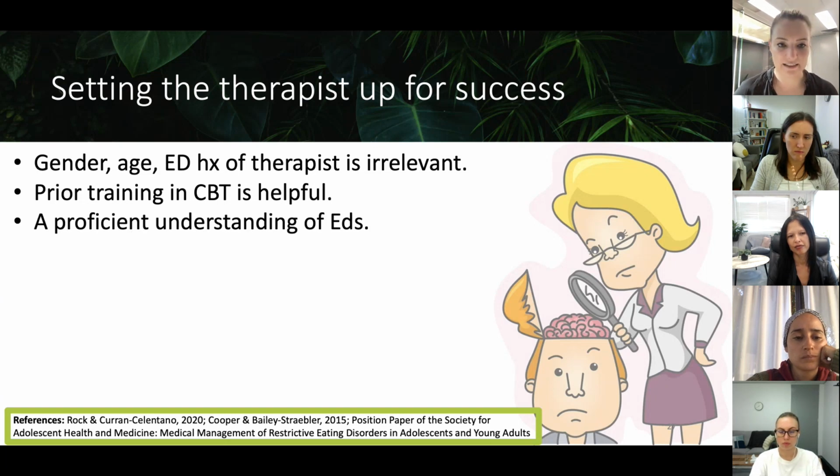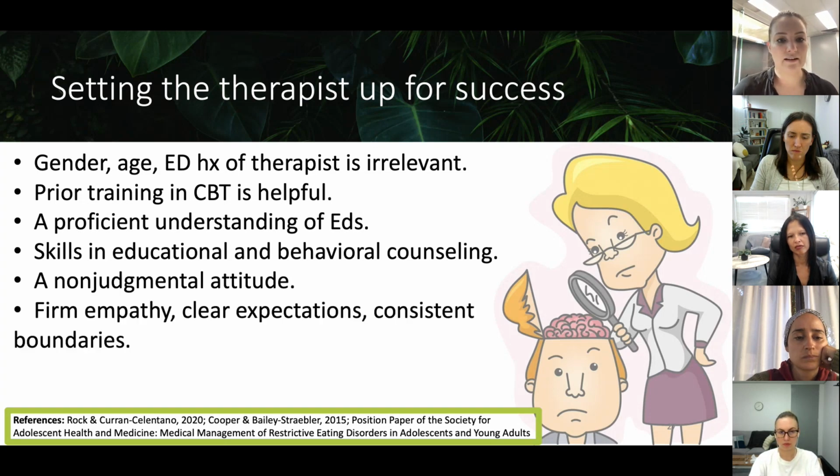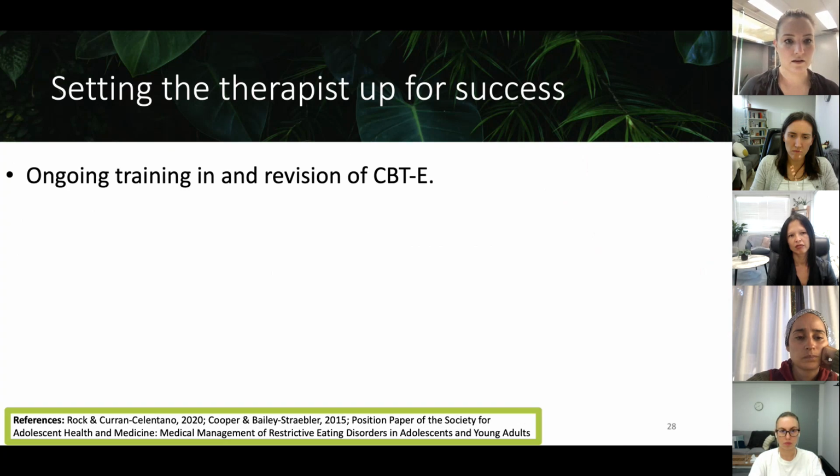But you do need to have an understanding of eating disorders, some counselling skills, an ability to be firm and fair, have consistent boundaries and expectations, and be non-judgmental. The other bit for therapist factors, the textbook recommends training in CBT-E, and ongoing training and revision of CBT-E.